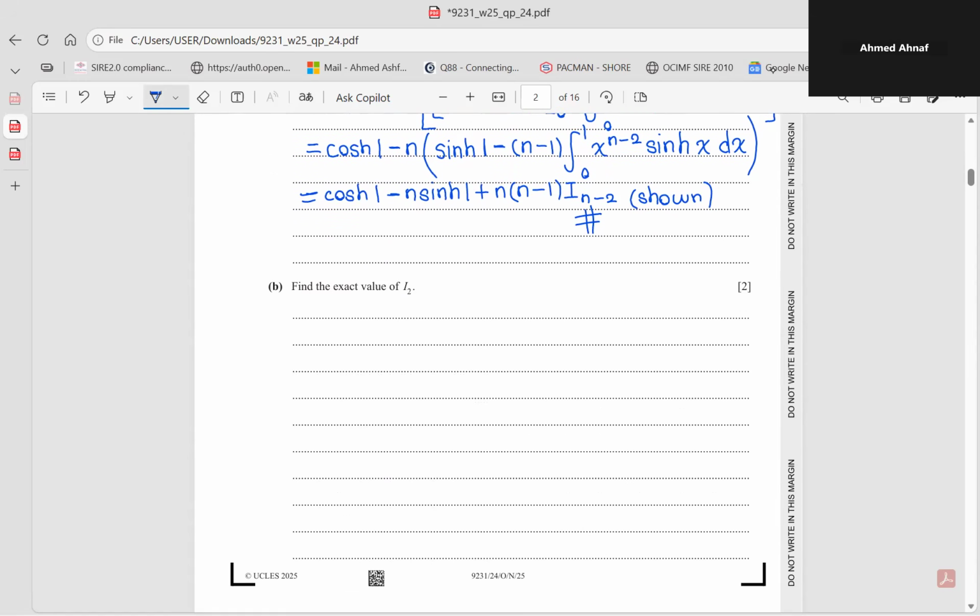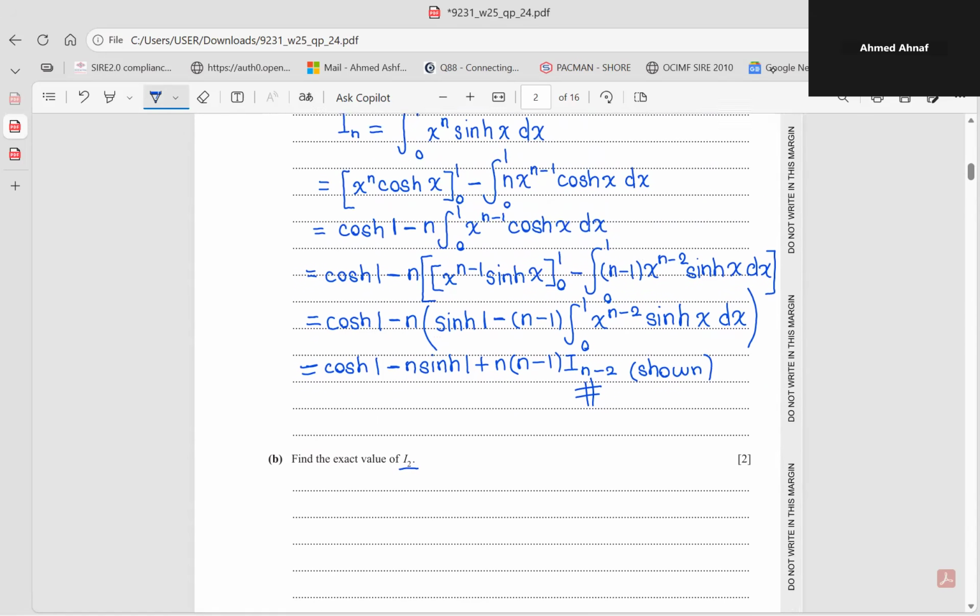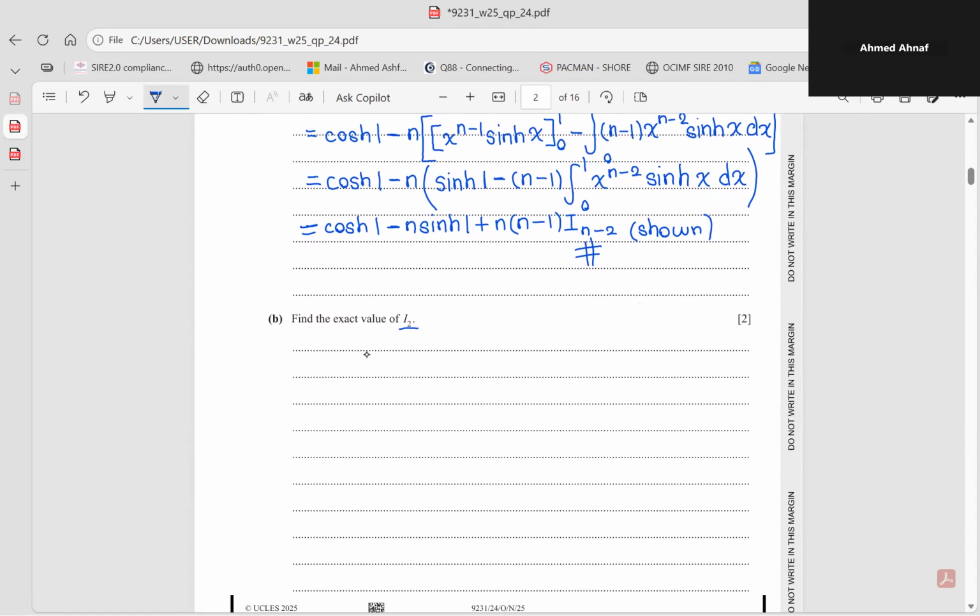For this part, we are just told to find I subscript 2. To find that, let's just use the reduction formula that we derived.